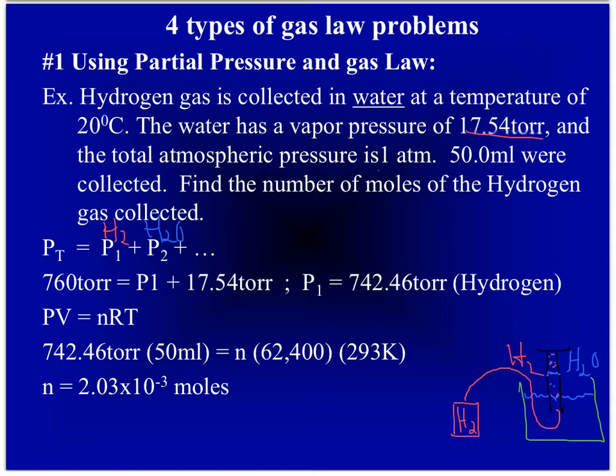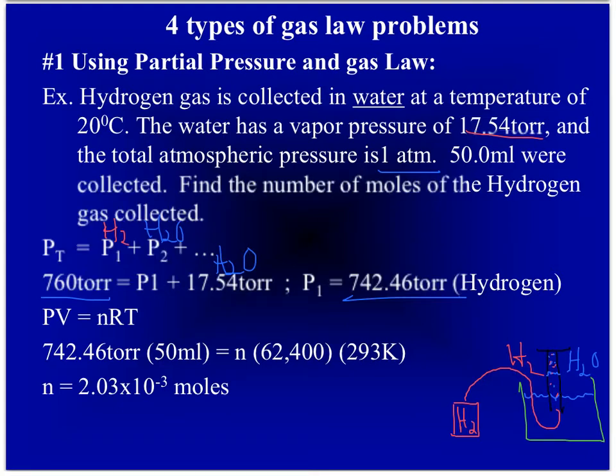We're given the total pressure is 1 atm, and we'll just do a quick conversion. That's 760 torr. We're given the water vapor pressure is 17.54. So just subtract 17.54 from both sides. That gives us hydrogen's pressure of 742.46 torr.